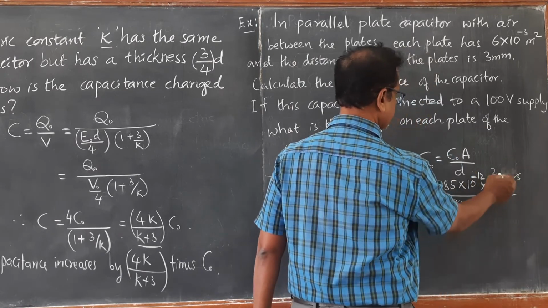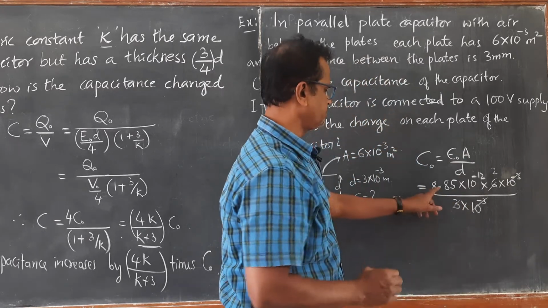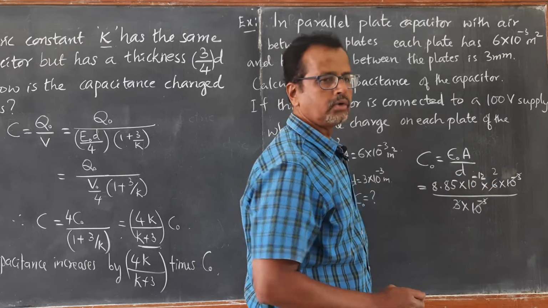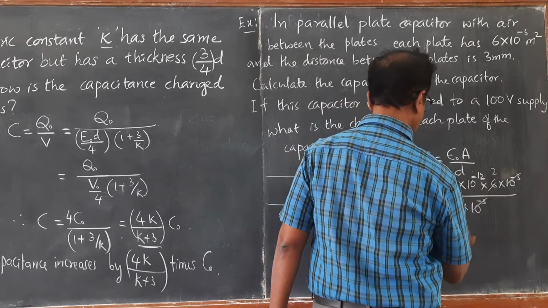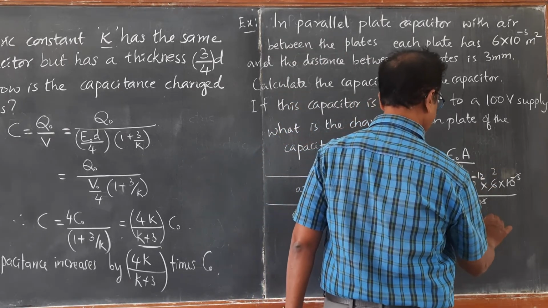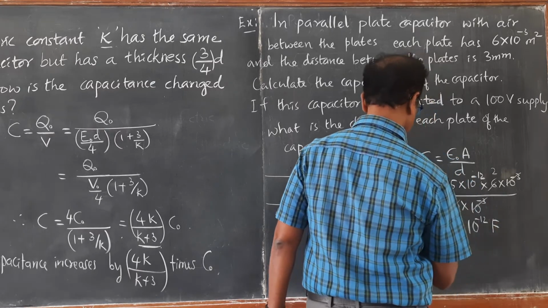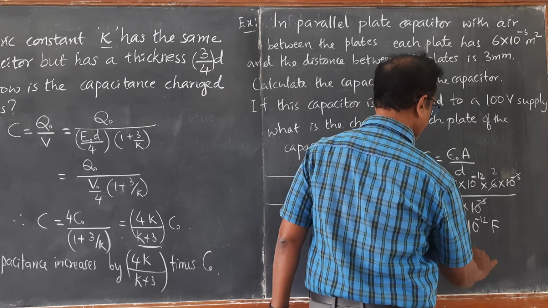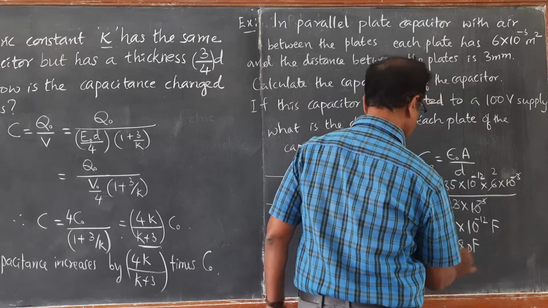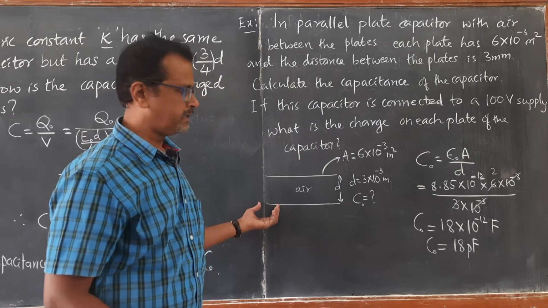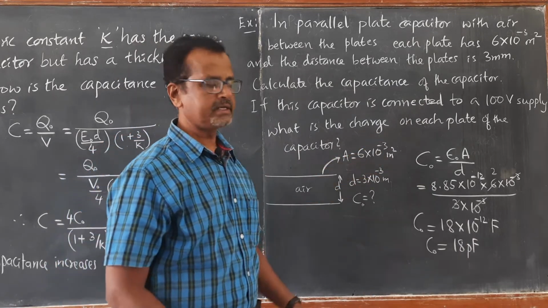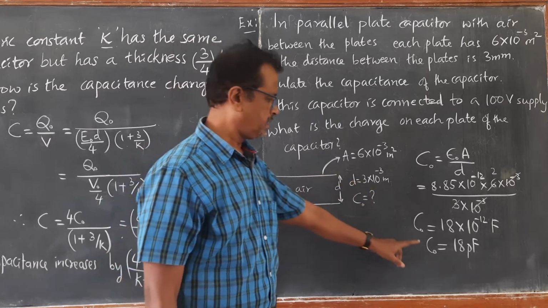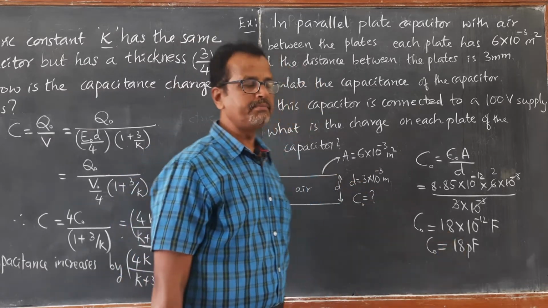If you take it almost 9, 9 into 2 is 18. So 18 into 10 to the power of minus 12 farad, which is written as 18 picofarad. So the capacitor filled with air, having an area of 6 into 10 raised to minus 3 meter square and a separation of 3 millimeter, has capacitance 18 picofarad.